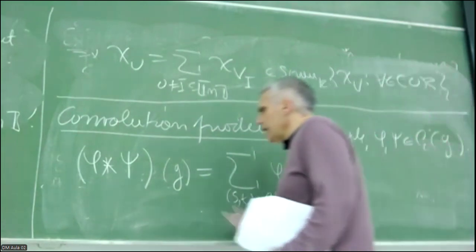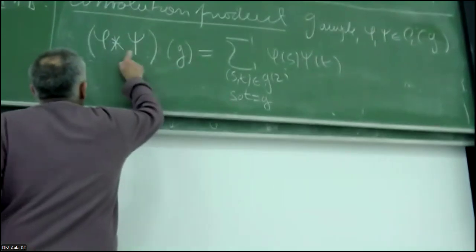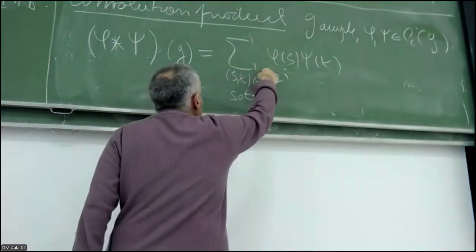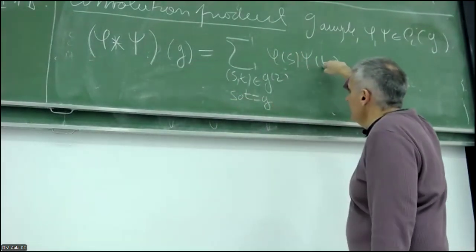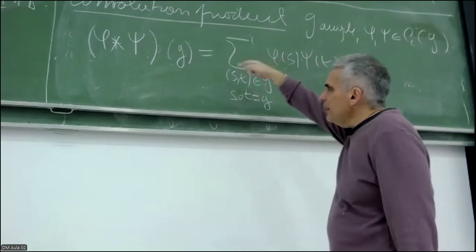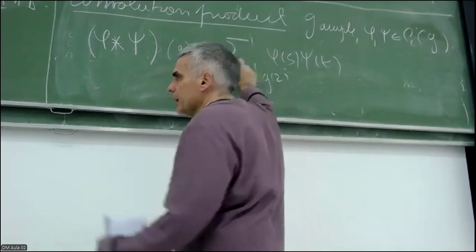Okay? So I defined the value of this convolution as a sum of elements. All of these are elements in K because phi and psi take values in K. So for this to make sense, I should show that this sum is finite, right?